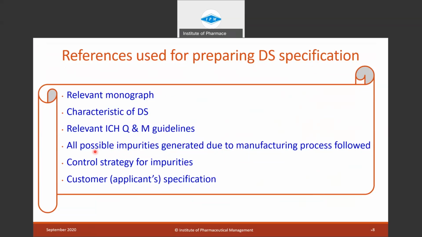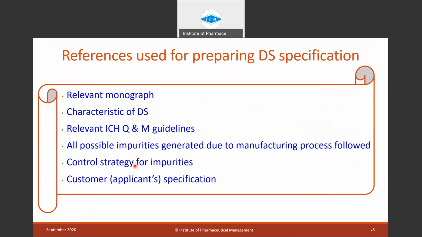Your R&D and analytical research people, synthetic research team and analytical research team, will list all possible impurities which are generated due to specific process followed. Whatever process is designed, they will list the impurities. And analytical research people will list the control strategy, control plan.